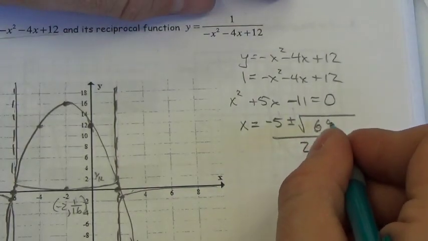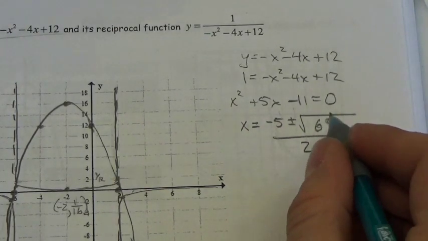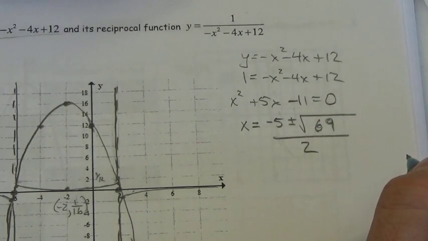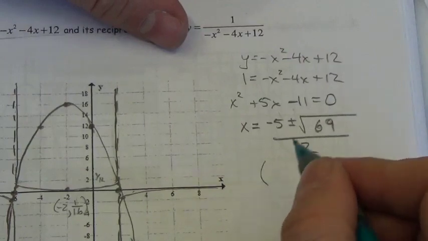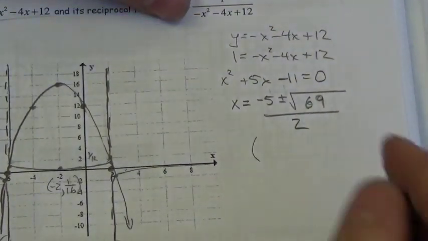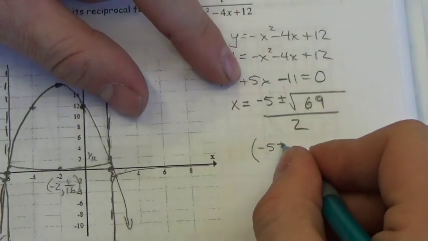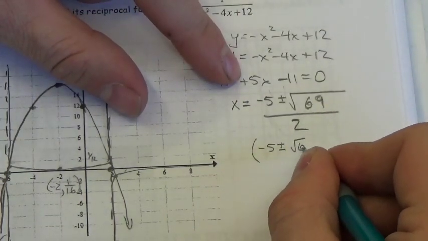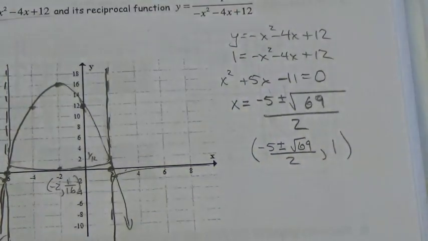Now, the factors of 69 are going to be 3 and 23, so I'm not going to be able to simplify that. That is as good as it's going to get. And so one set of invariant points that I've got will be negative 5 plus or minus the square root of 69 over 2, comma, positive 1.